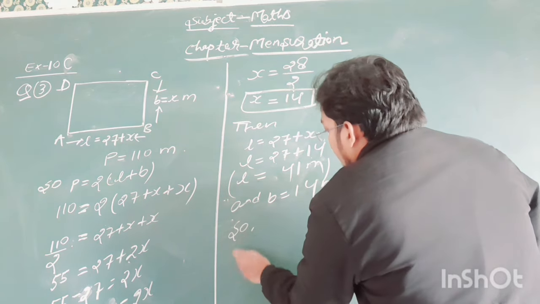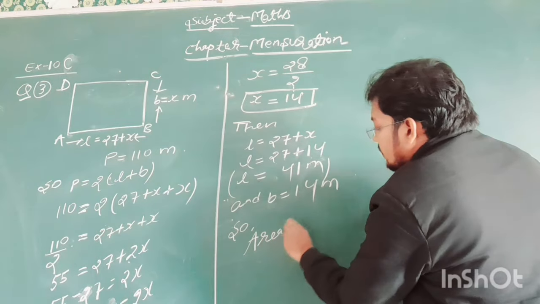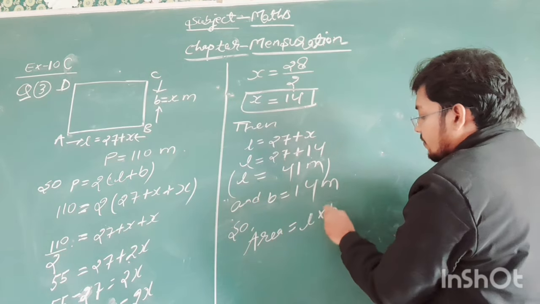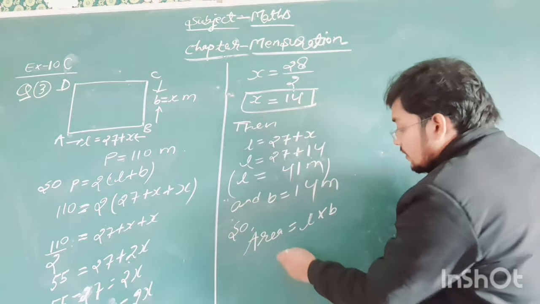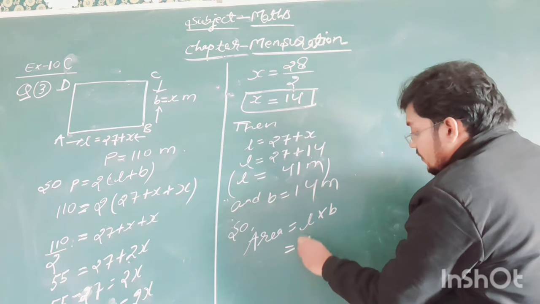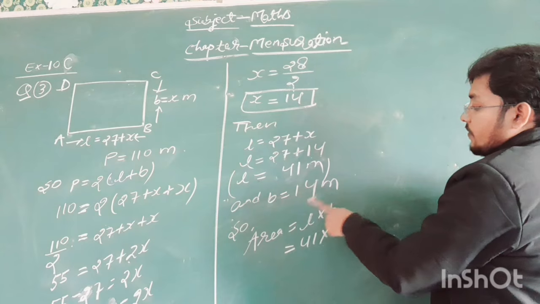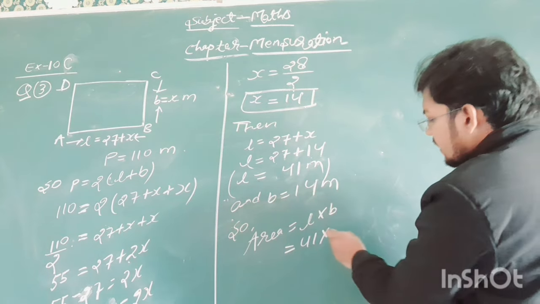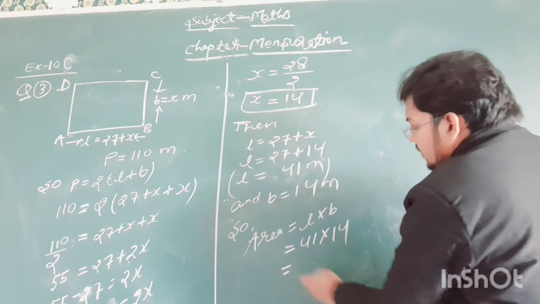So area of rectangle is equal to L into B. Value of L is 41 and breadth of rectangle is 14 meter.